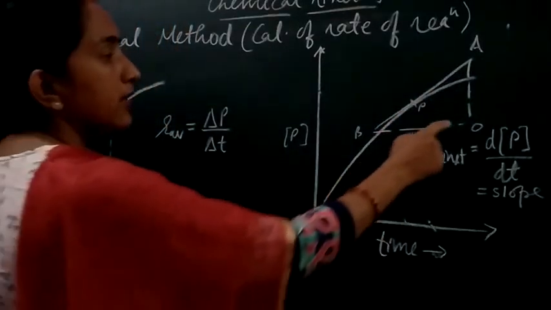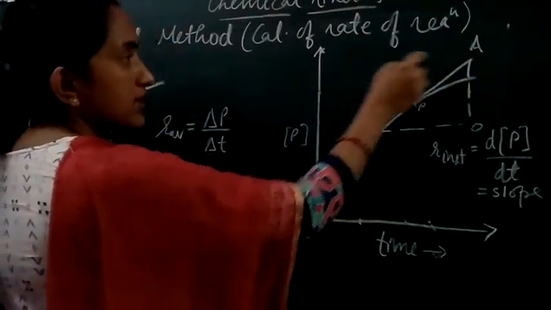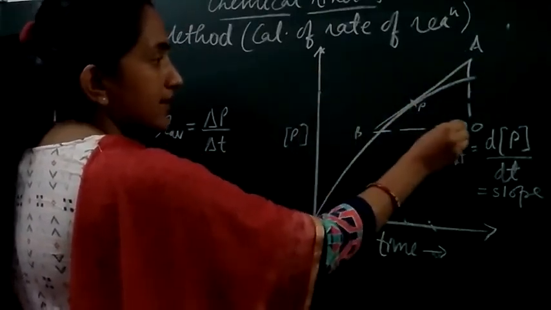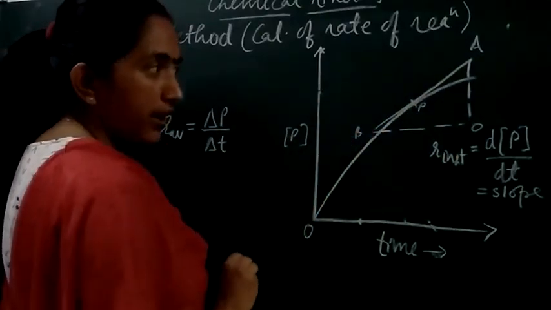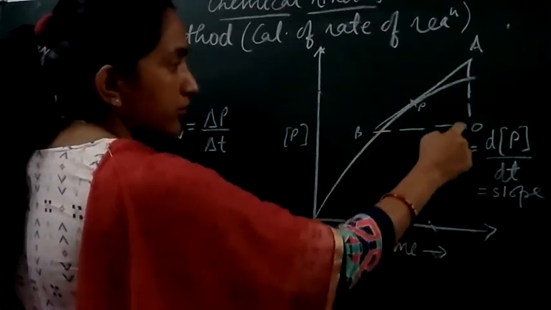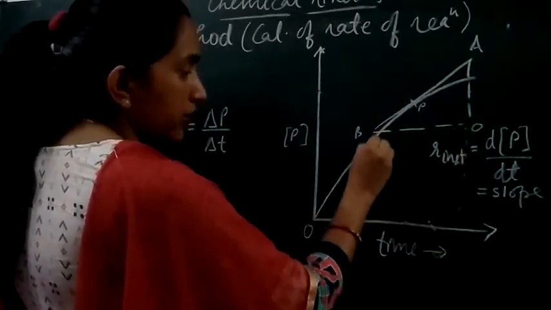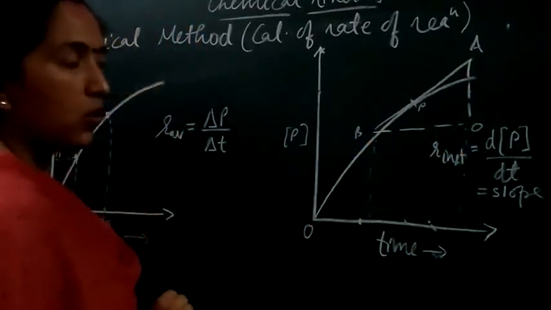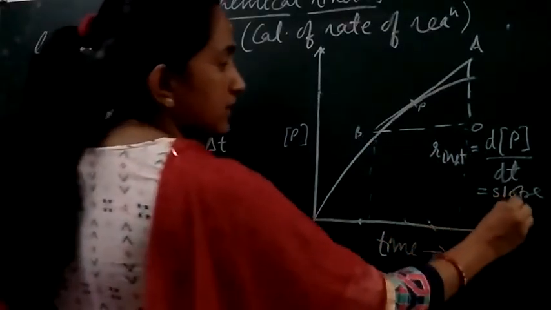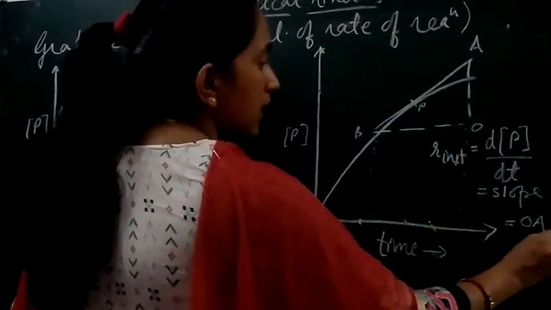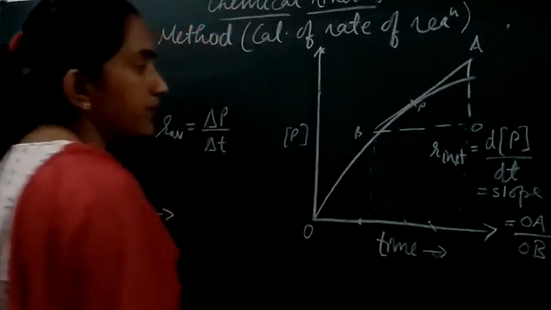How do you get the value of OA? You extend it toward the y-axis and you get the OA value. When you drop the point onto the x-axis, you get the OB value. So it is going to be OA upon OB.